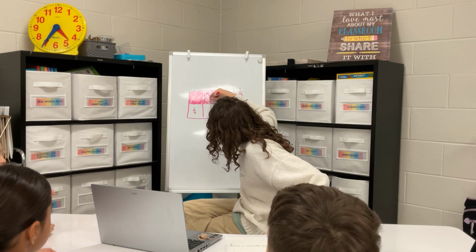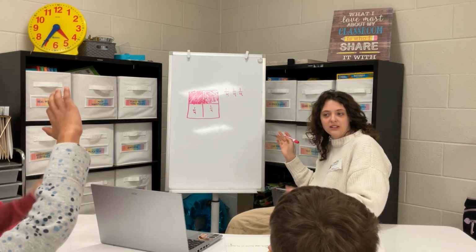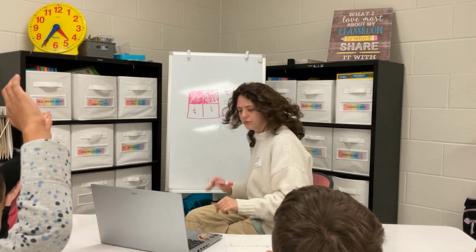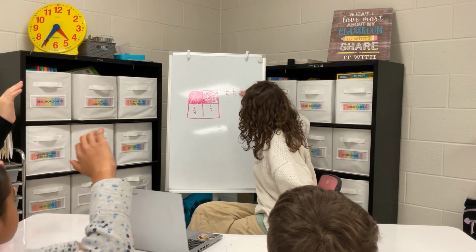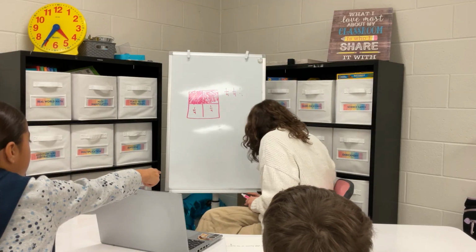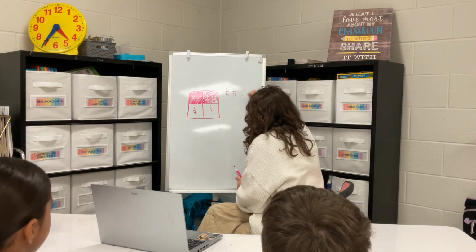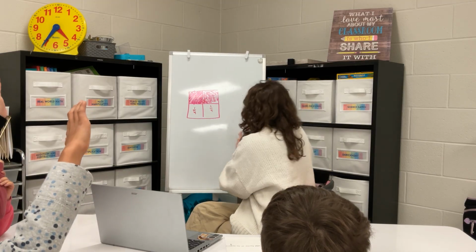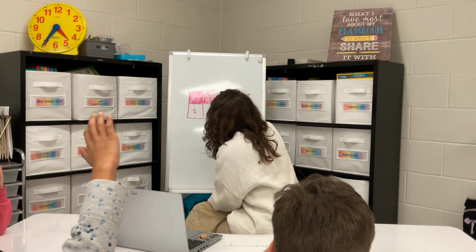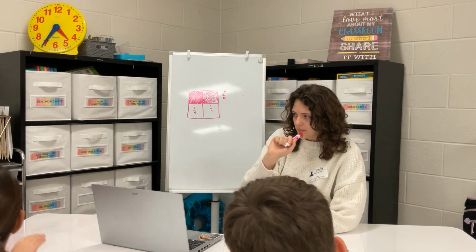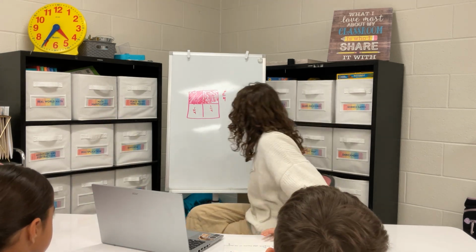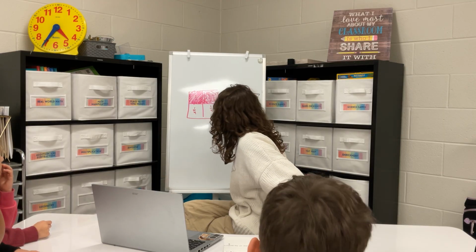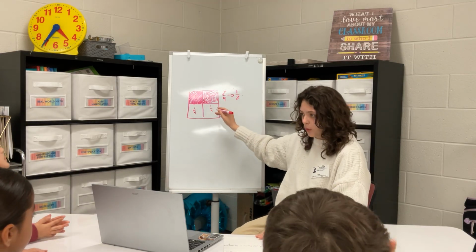So now we have 2 pieces gone, so what is that? 2/4. So you said 2/4. Or 1/2. That is very good. So that's 1/2 of this whole, or 2/4.